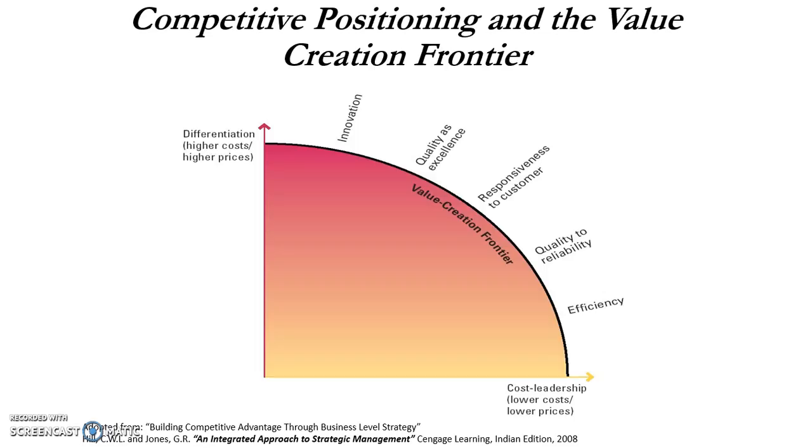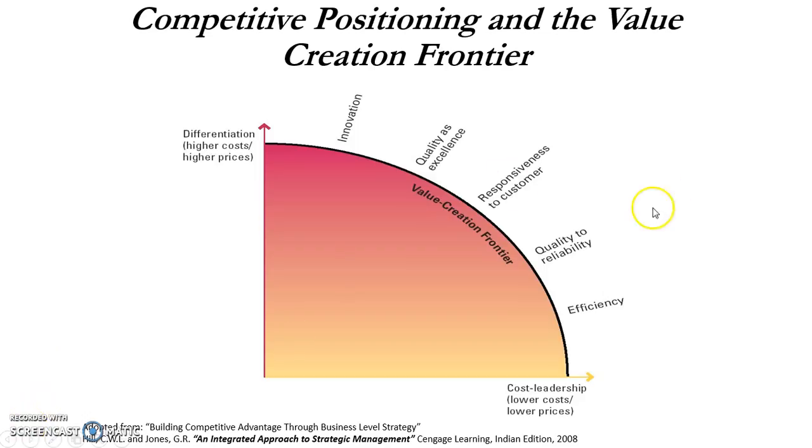And on the curve we have 5 competitive positions, including efficiency, quality as reliability, responsiveness to customer, quality as excellence, and innovation, which are moving on the curve from the cost leadership or low cost, low value continuum to the high cost and high value continuum.